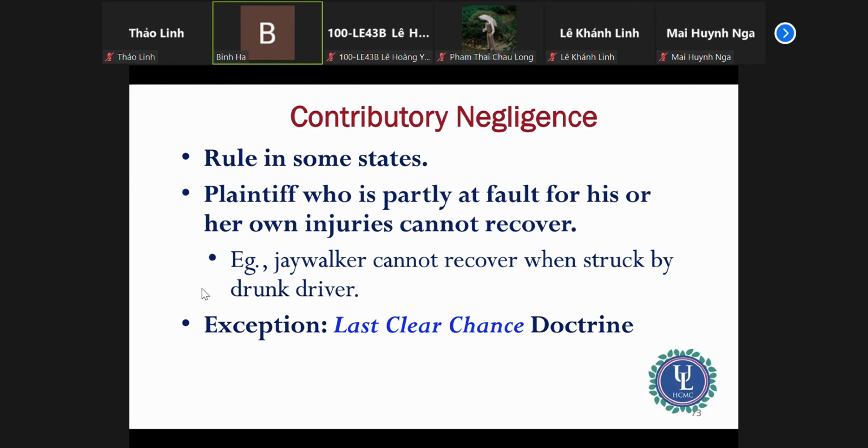So assuming that someone's light is green and it is about to turn red, and a person who is moving tries to pass the red light when it is just about to turn red. In that situation, you are on the green light and you have the right to move when the light turns green.